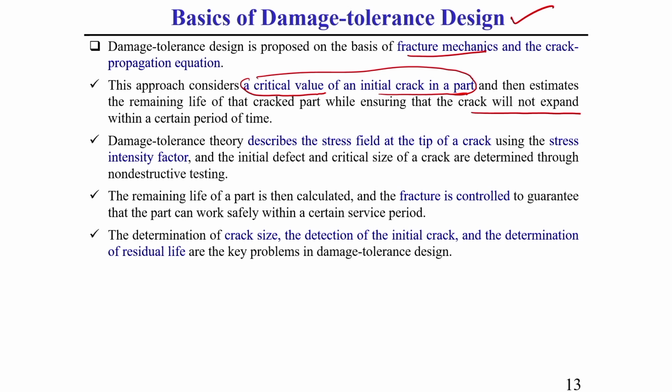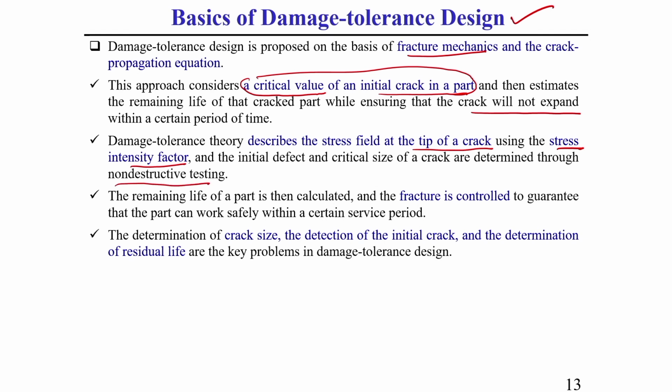That remaining life you can calculate by the damage tolerance design method. This damage tolerance method can first describe the stress field at the tip of the crack using a stress intensity factor, and another point you need to know is that the initial defect and critical size of the crack are generally determined through non-destructive testing.